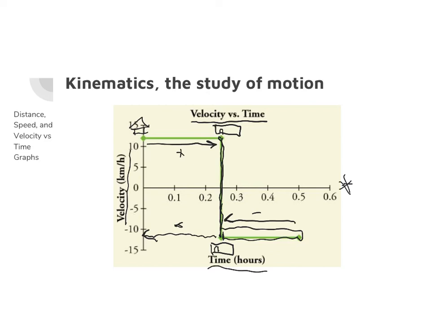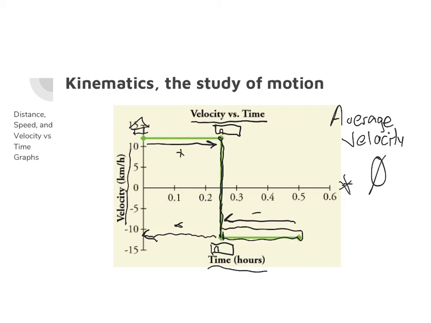We ended up back in the position we started from, traveling at 12 kilometers per hour in the negative direction. So our average velocity over this time period would be 0.